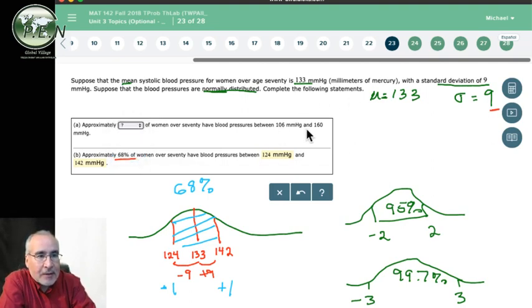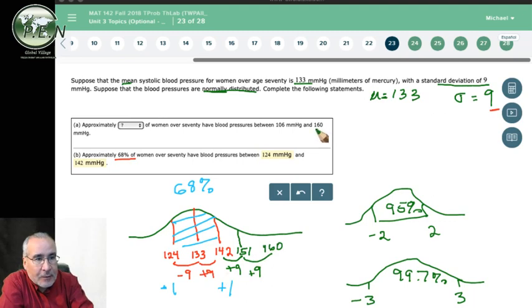So the thing is, are these numbers, the 106 to the 160, 3 or are they 2? Well, down here where we've already got a start, let's go ahead and keep going. So if I add 9 to this, that'll get me 2 above, right? I've added 9 twice. 142 plus 9 is going to give us 151. And if I add 9 one more time, that's 3 standard deviations above, and that gets me to the 160.